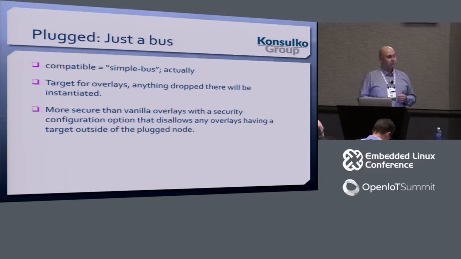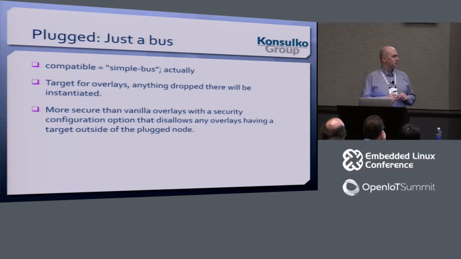And finally we have plugged, which is just a simple bus on the connector definition, which can easily be a target for overlays. Any device that's dropped there will be instantiated. If you remember the discussion about overlays, there is a security problem with overlays: you can point an overlay everywhere, and you can really mess things up.